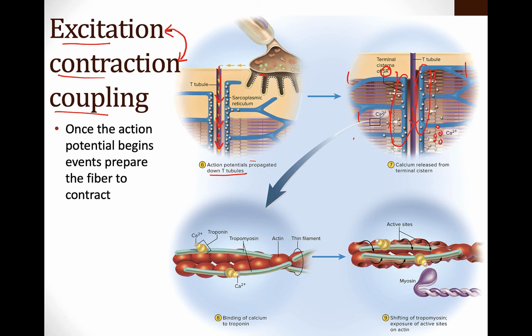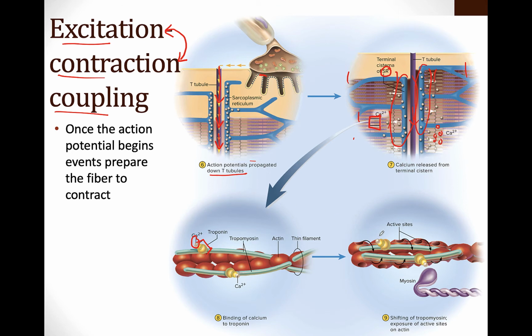So now we're going to zoom in. We're zooming in here on a few of the myofilaments. Here's actin, troponin, and tropomyosin. The calcium will bind to troponin. And when calcium binds to troponin, it changes its shape. And when it changes its shape, it changes its function.